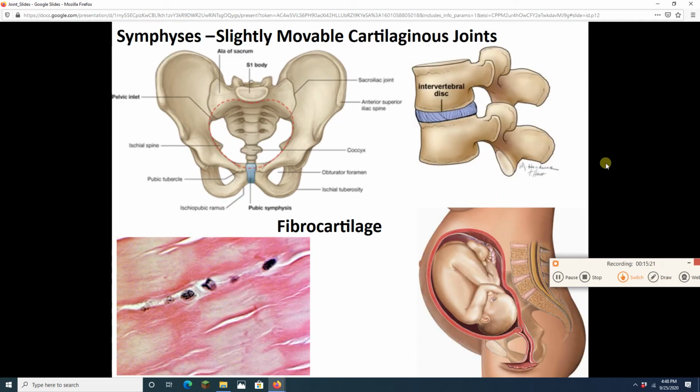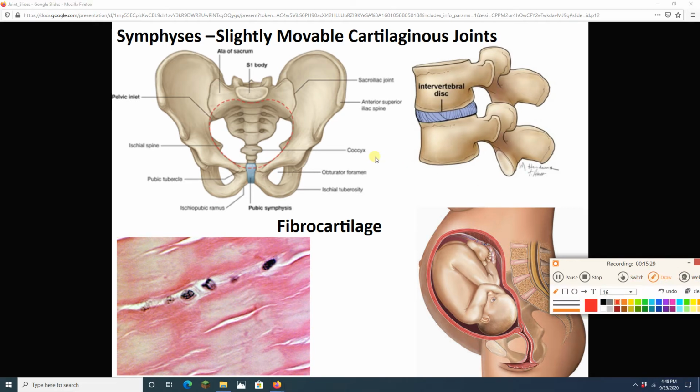All right. Now we got a slightly movable cartilaginous joint. We've actually seen one of these already. The joint between the two vertebral bodies is a slightly movable cartilaginous joint. It's cartilaginous because we got that fibrocartilage right there, and it is slightly movable. When you bend, think about your spine moving. You've got a lot of bones there.